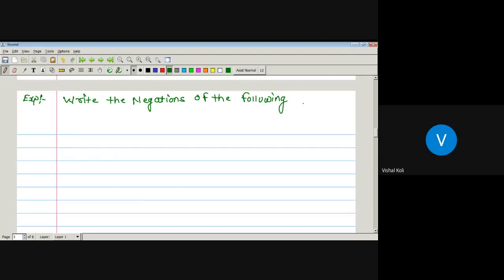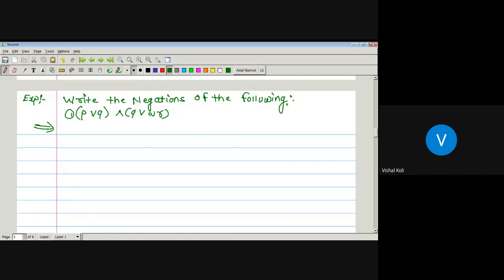First one: (P or Q) and (Q or negation of R). Now, see how to write its negation. Our given statement pattern will be (P or Q) and (Q or negation of R).